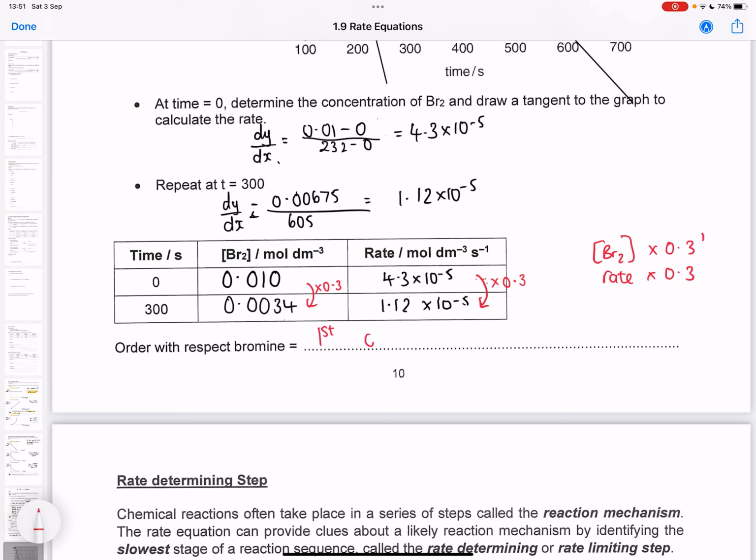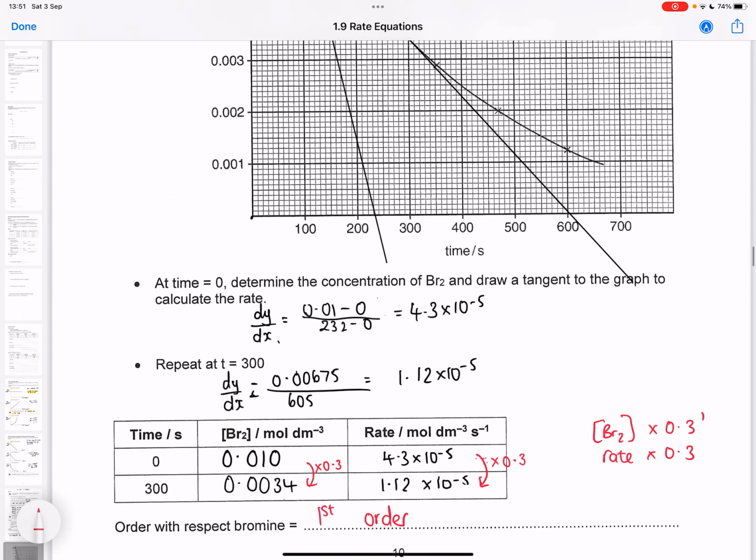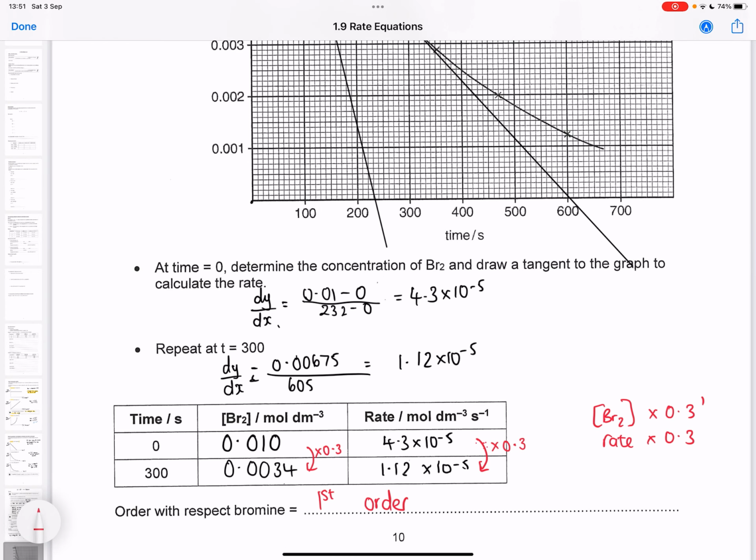We'd say the order with respect to bromine is first order. This is how we could use some experimental graph data for concentration against time to determine order.